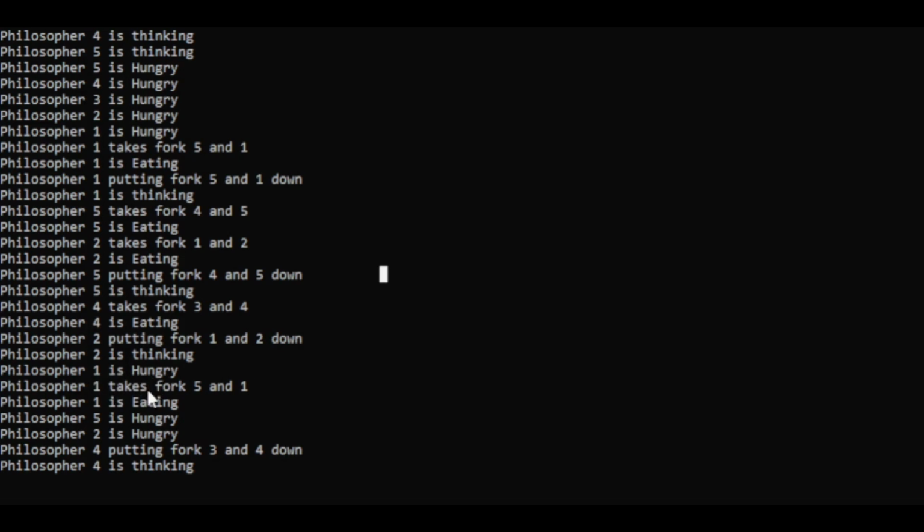Now he takes forks 5 and 1, because forks 5 and 1 are available, as philosopher 2 put down forks 1 and 2 and is now thinking.